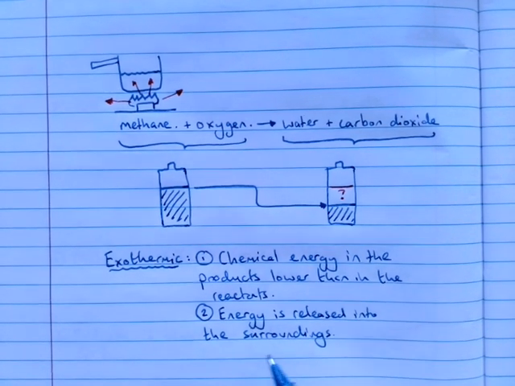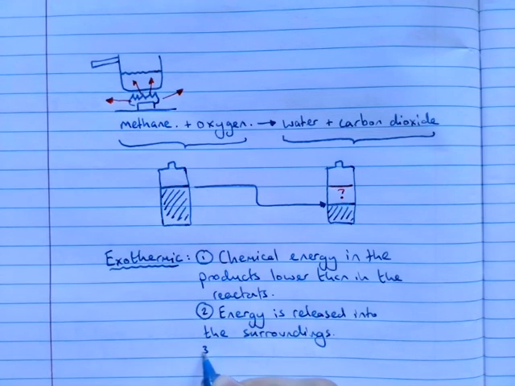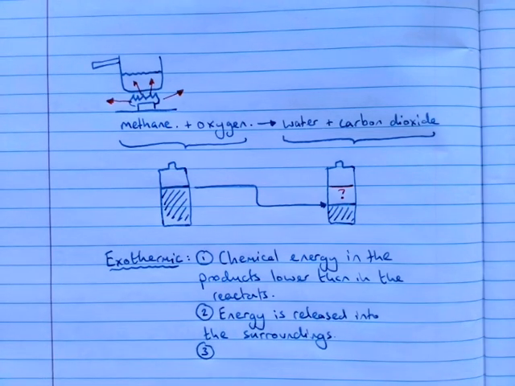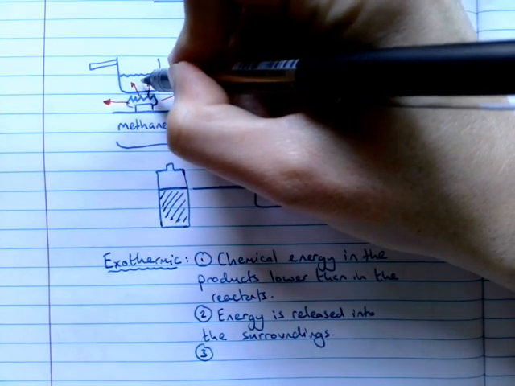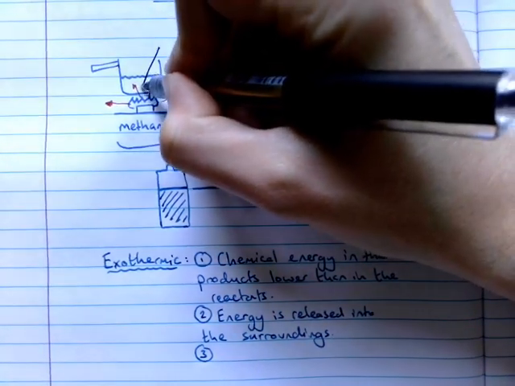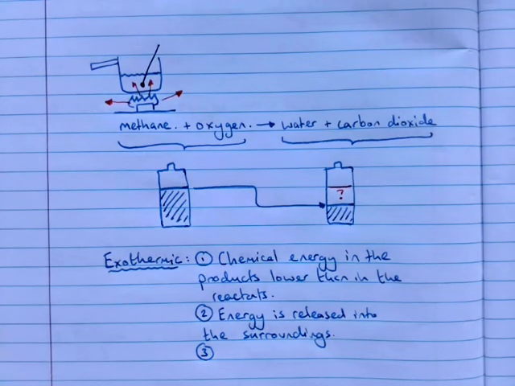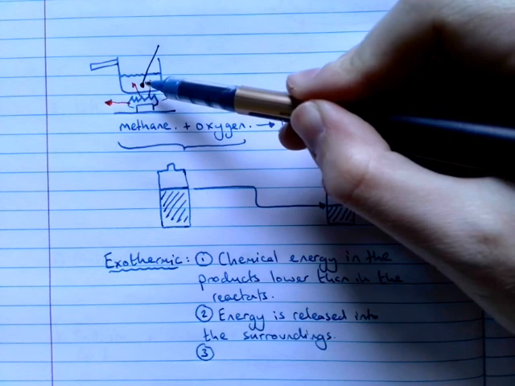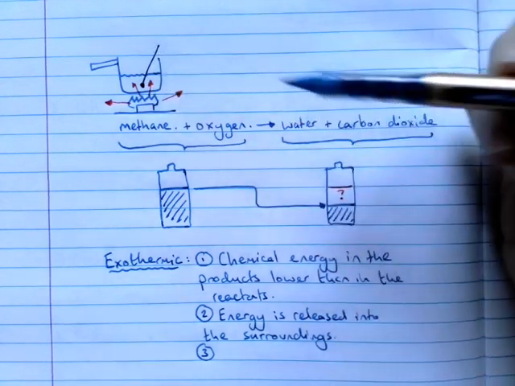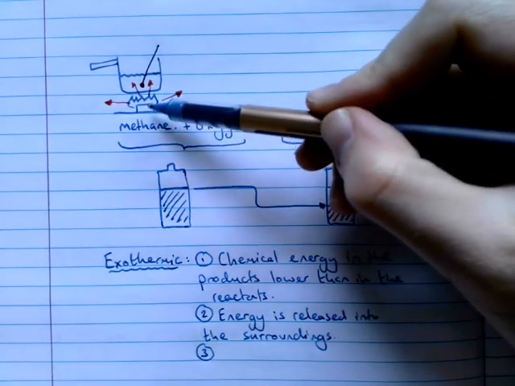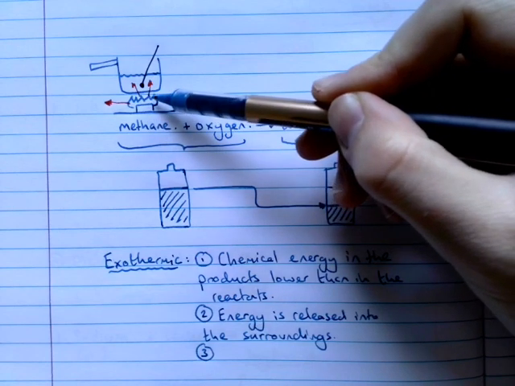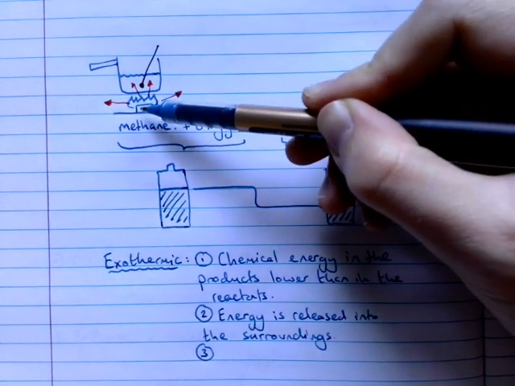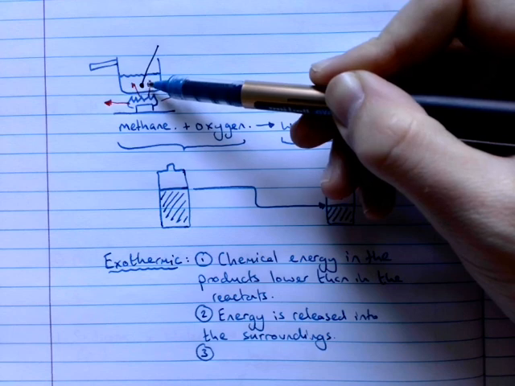All right, and number three, the third thing we can say is, if I was to put a thermometer into my pan of pasta, that's a thermometer, I would observe in this thermometer the temperature increasing. Obviously, because the exothermic reaction is releasing energy into the surroundings.